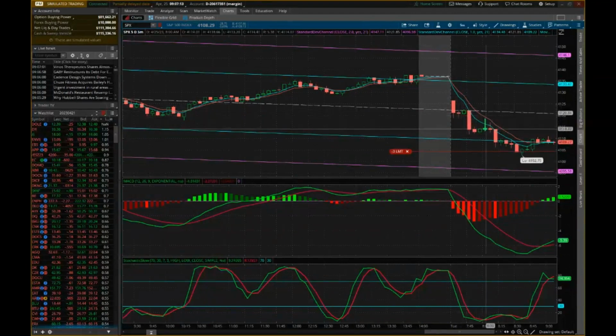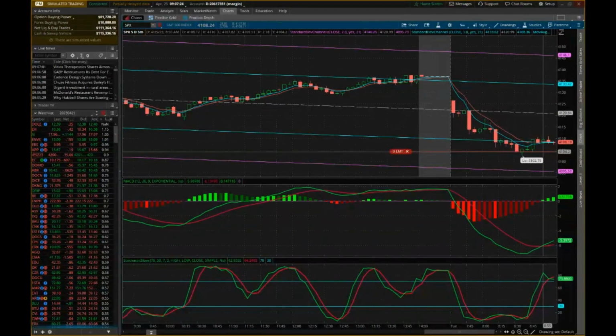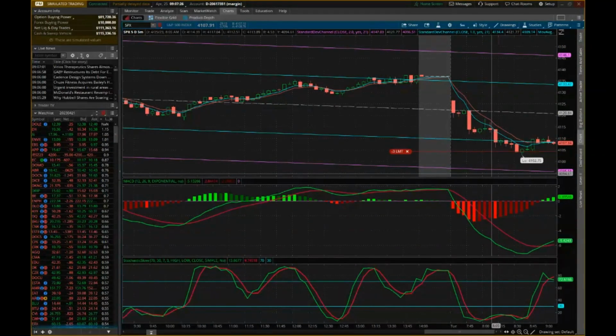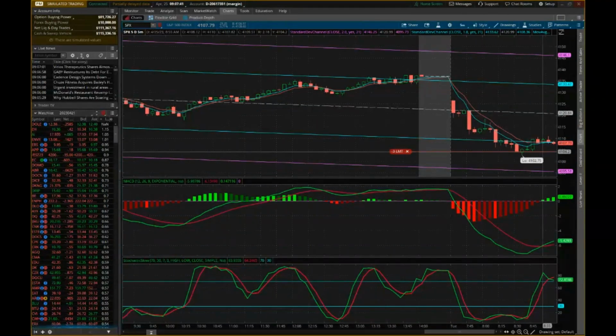With as weak as it's been so far today, I think there's a really good chance that the price will continue to get hammered to the downside. So let's see, 5, 10, 15, 20, 25, 30. So probably within the next 30 to 45 minutes, we may see this level be hit again, or at least touched.